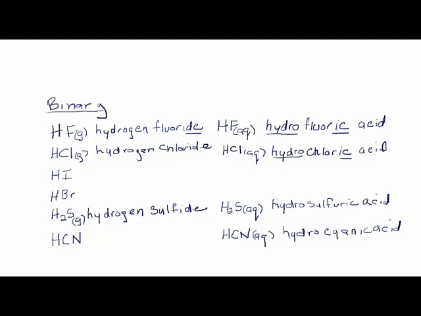All right, let's talk about the other classification of acids, and that is oxy or oxo. What I find is the people who struggle with naming oxy or oxo acids are people who have not memorized their polyatomic ions.